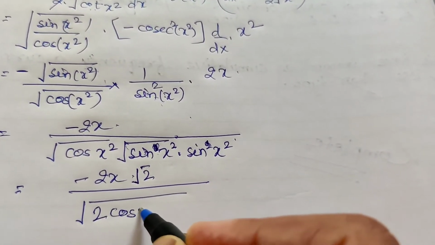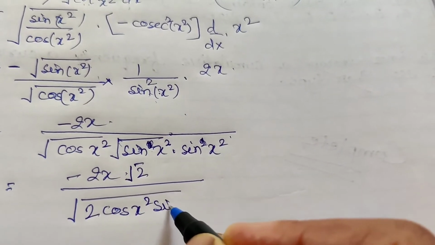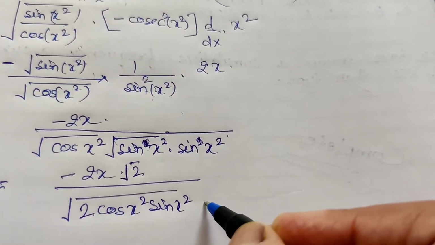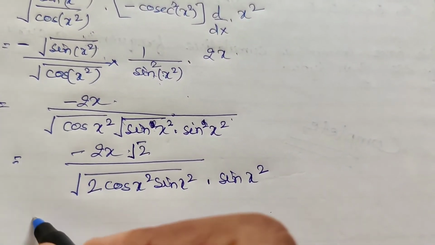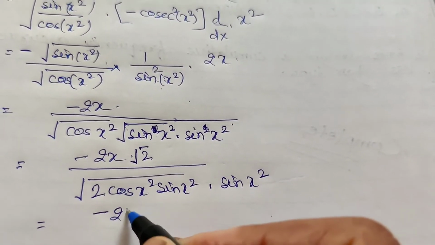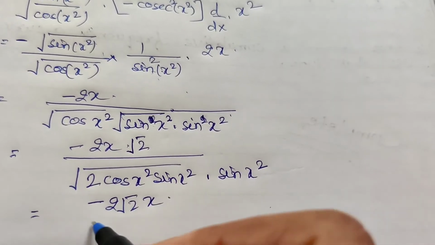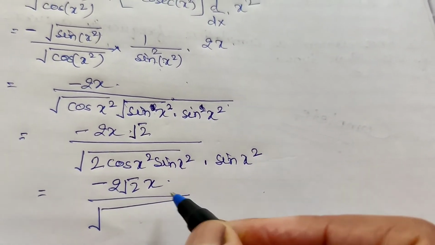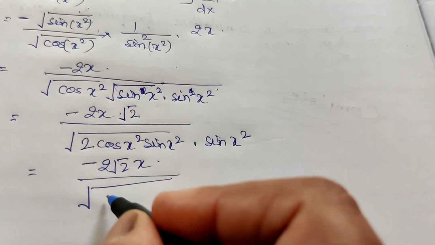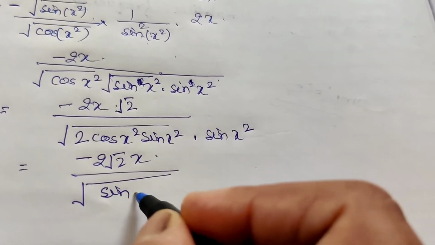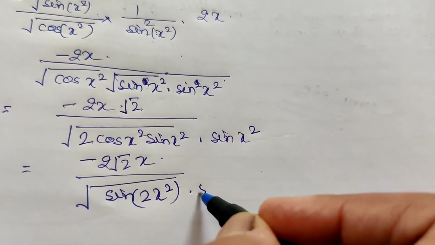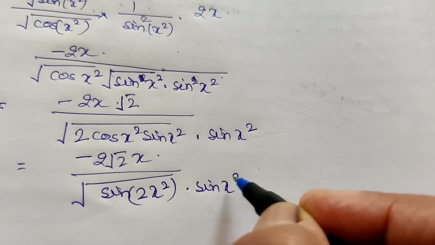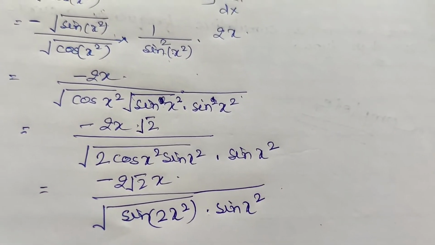So we can write cos x square and sin x square into sin x square. It is equal to minus 2 root 2 x upon 2 sin a cos a, which is equal to sin 2a. It means sin 2x square and sin x square. This is the answer.